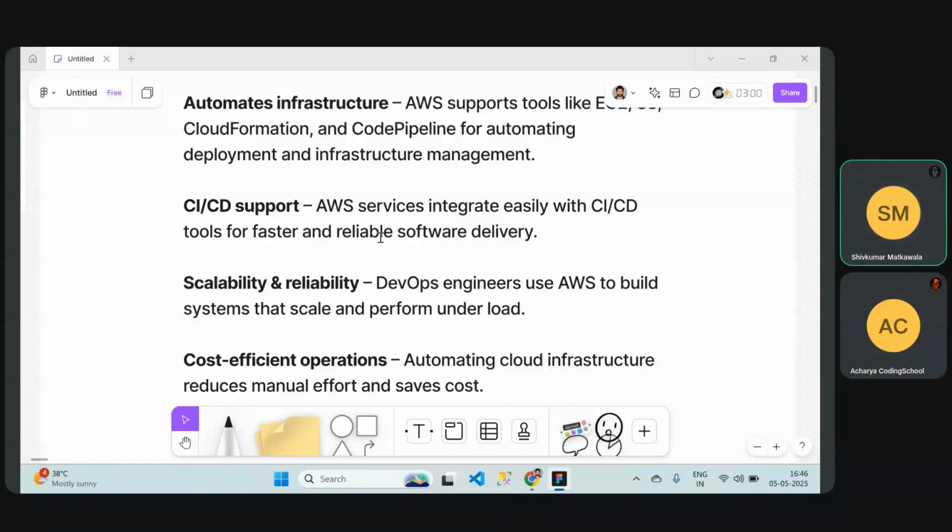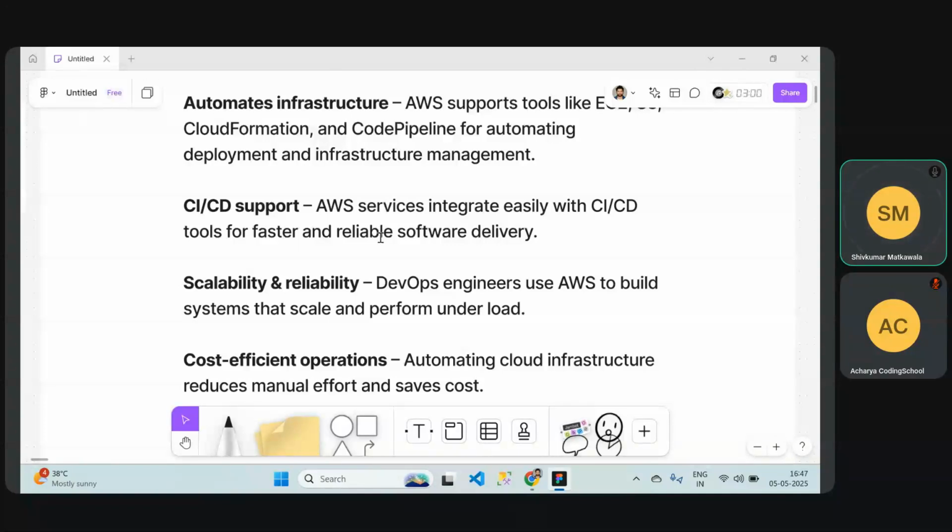Everything being done continuously and unstoppably is only possible with a DevOps philosophy, and AWS as a cloud platform enhances its power to another level.